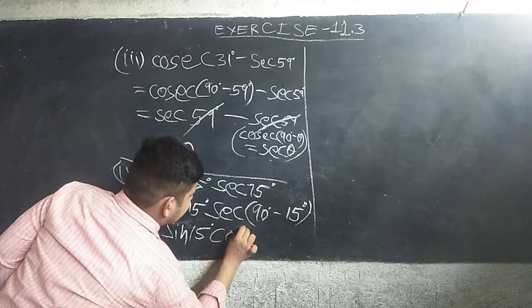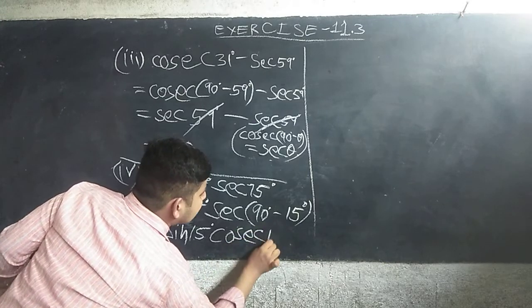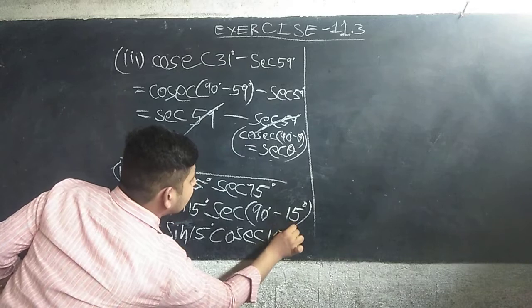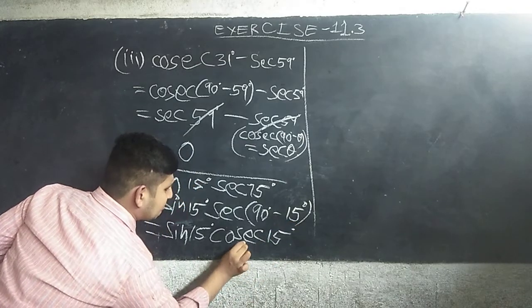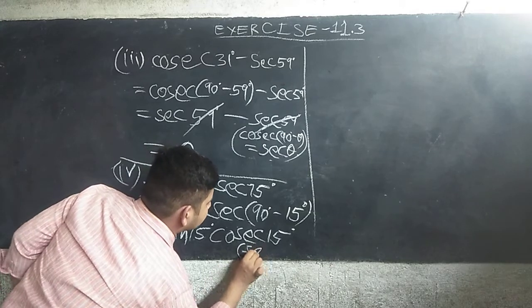Here we have to write the formula: sec 90 minus theta equals cosec theta.